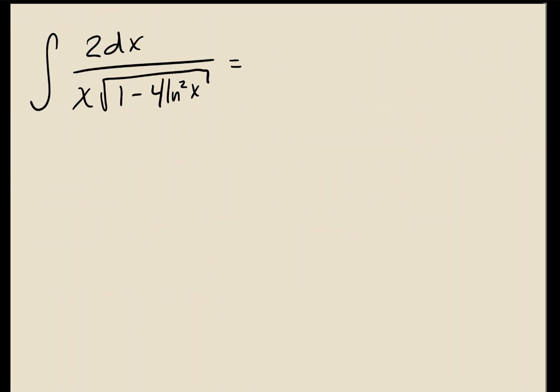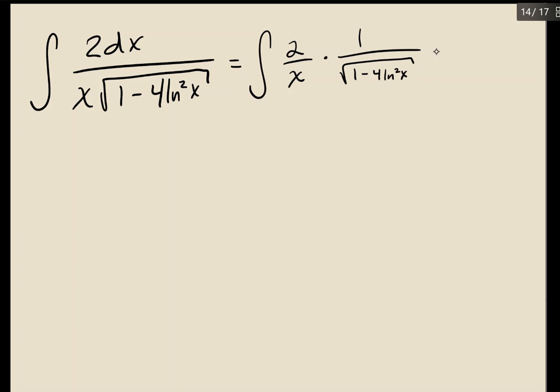Now looking at this integral, we notice that we've got an x in the denominator, which we should keep in mind could be rewritten if we wanted to as this. We know we could separate the bottom of the fraction if it's just written through multiplication. And the reason this might be of use to us is notice what we're squaring on the inside is ln of x. So this divided by x term out front looks a lot like the derivative of ln of x.